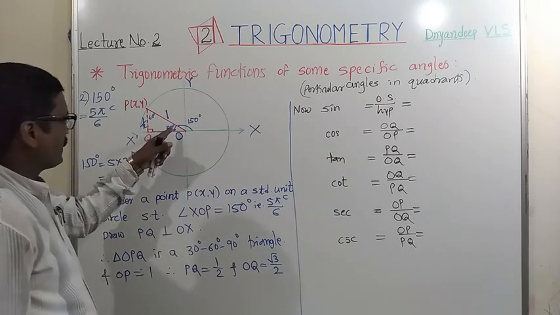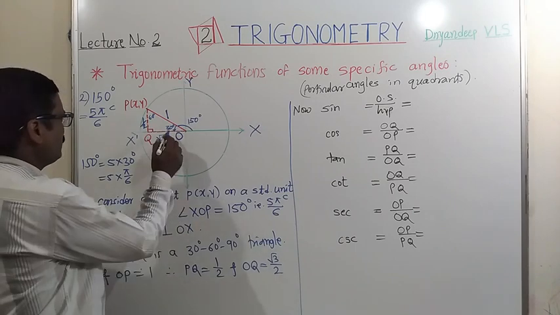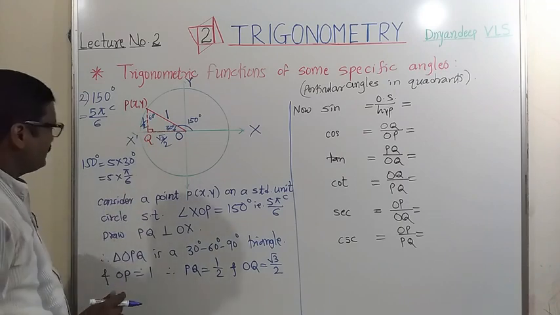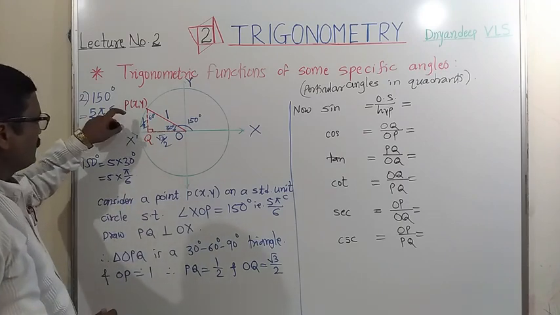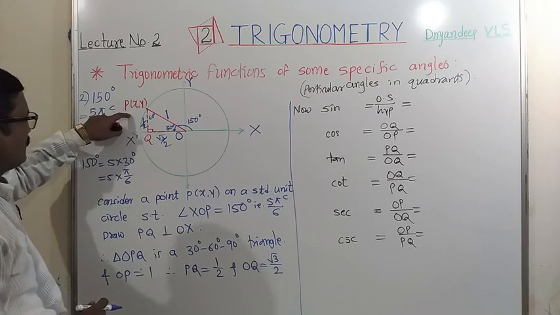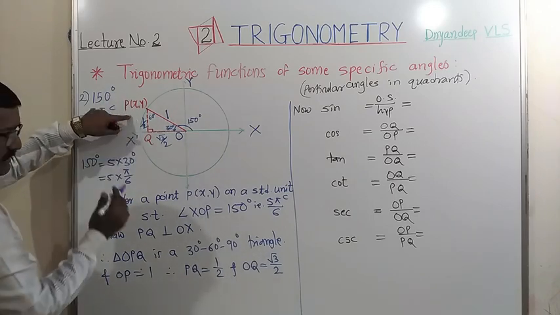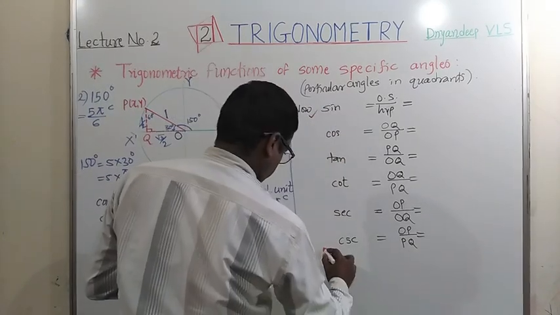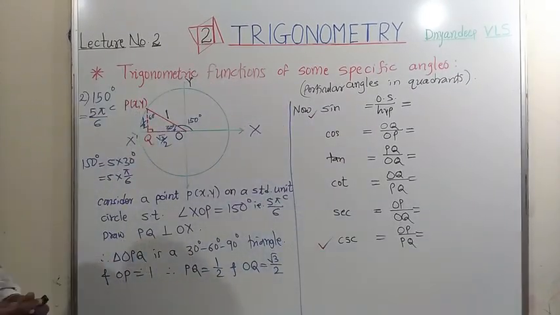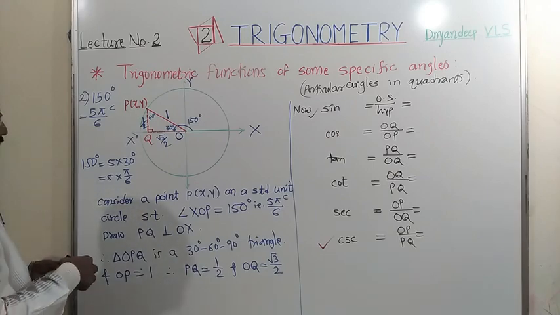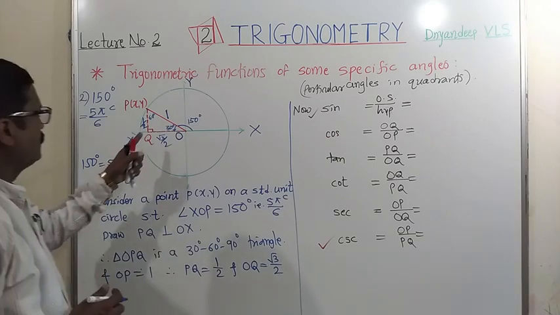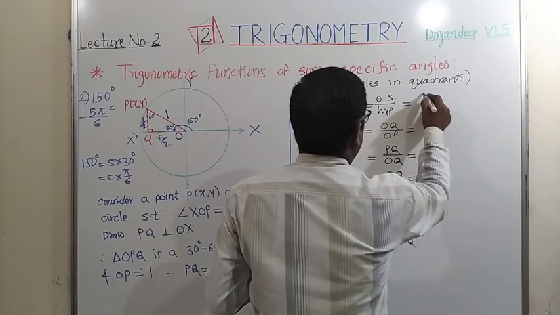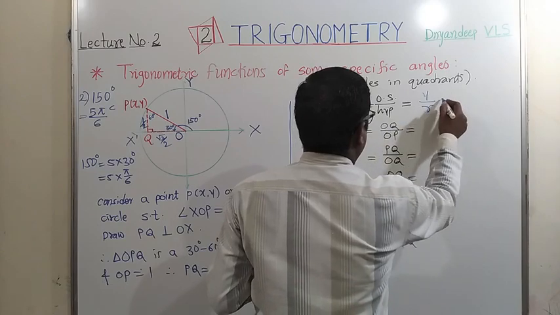Let us write sine first. Now here, as point P lies in the second quadrant, sine and cosec are positive, others are negative, because sine theta is equal to opposite side upon hypotenuse, and it is equal to y upon r.